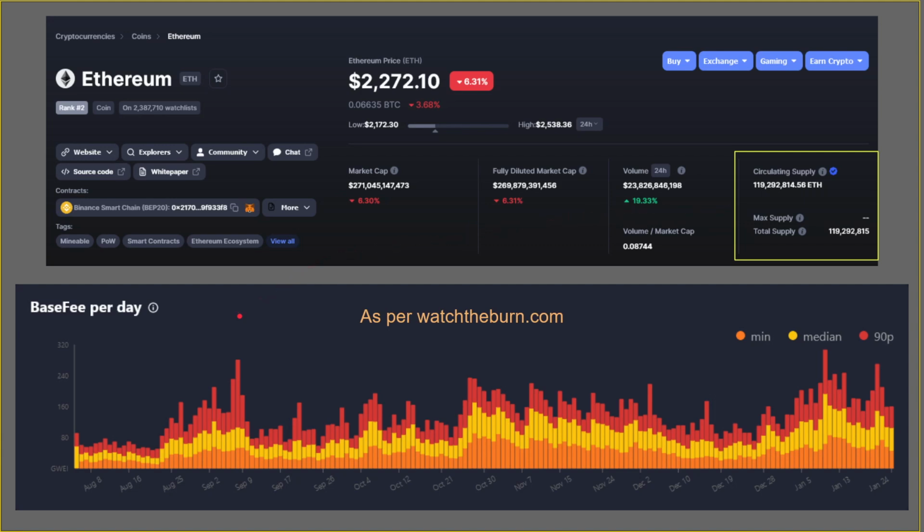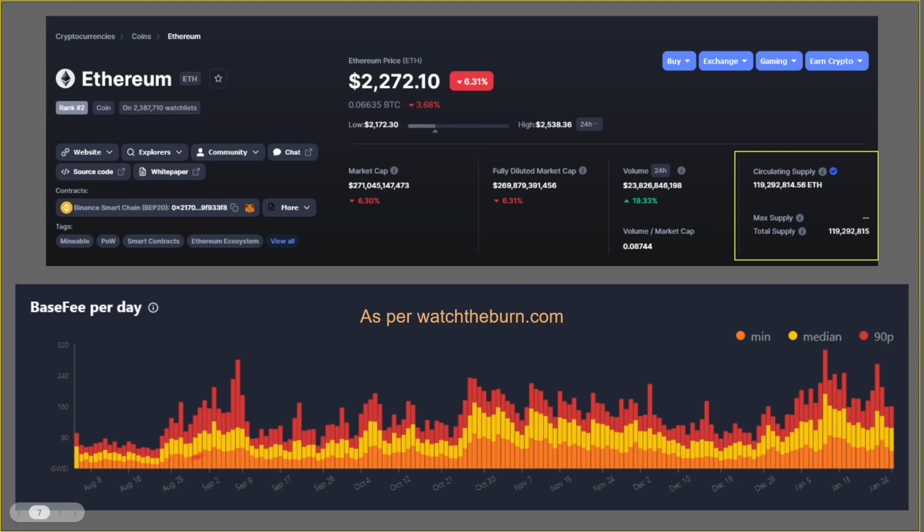Now, looking at other metrics in regards to Ethereum, we can see Ethereum's issuance rate and also its deflationary rate, how much Ethereum is destroyed with every transaction. These are metrics from watchtheburn.com. This is a website that tracks Ethereum's fee structure and transactions and deflationary rate over time. So here we see the base fee per day. This is the minimum transaction fee, or the transaction cost per Ethereum transaction.